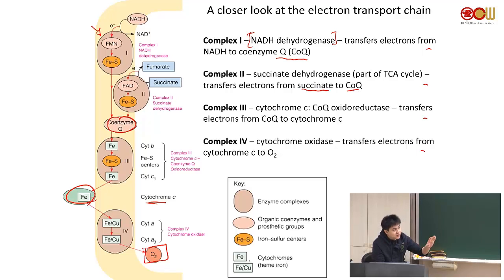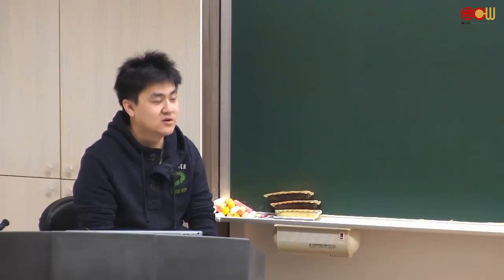Now, what you should notice from this chart is that inside each complex, you have these iron thingies looking like in the middle. I'll tell you what they are in a minute. You have FMN or FAD. These enzymes are quite large.